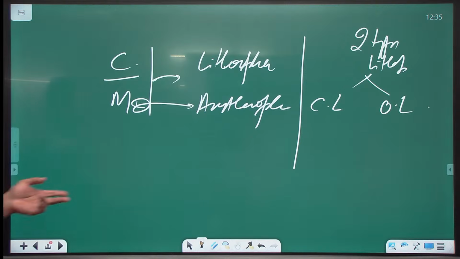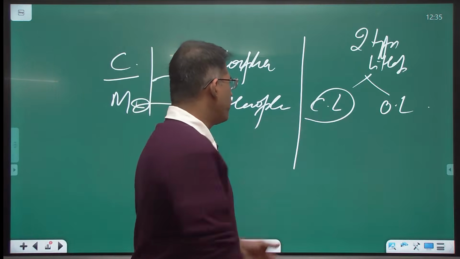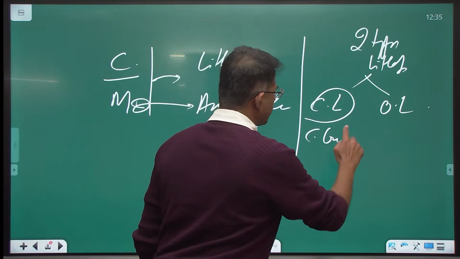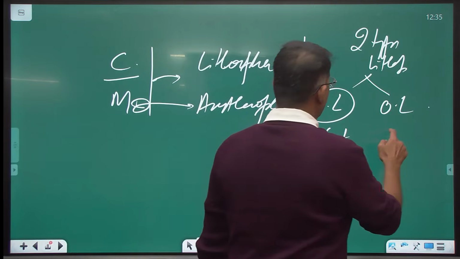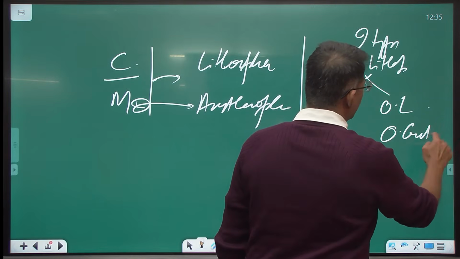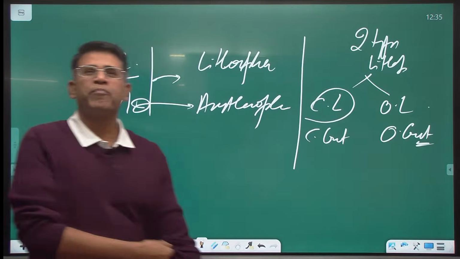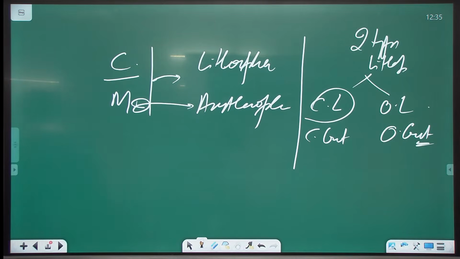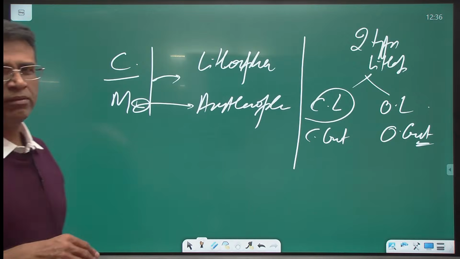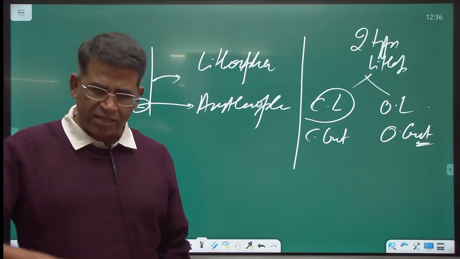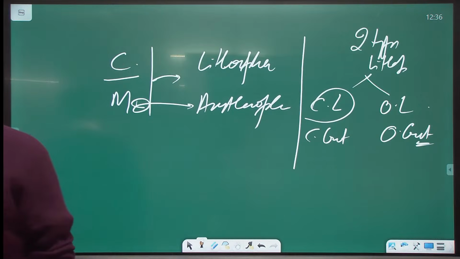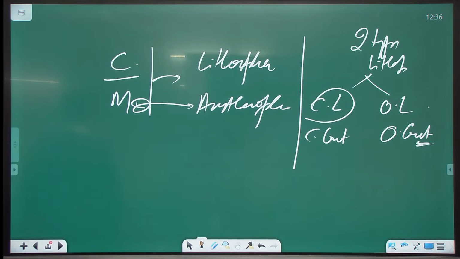We have the continental lithosphere made up of continental crust, and we have the ocean lithosphere made up of the oceanic crust.